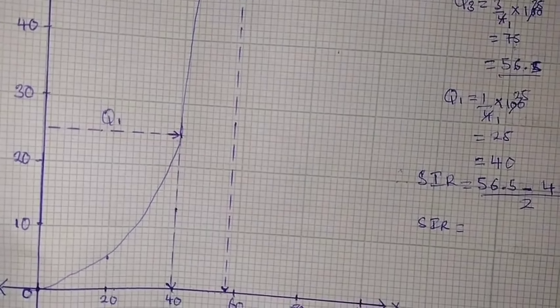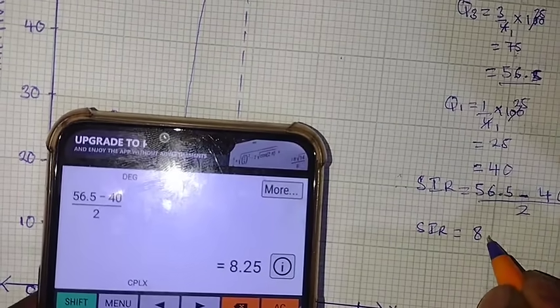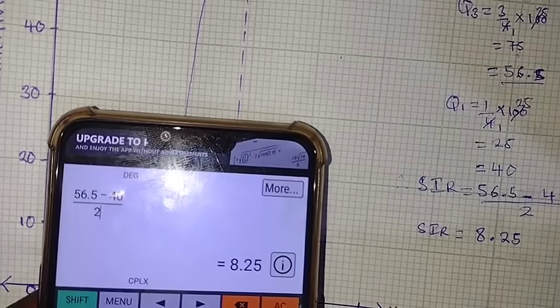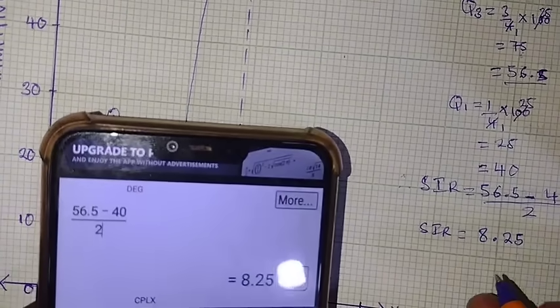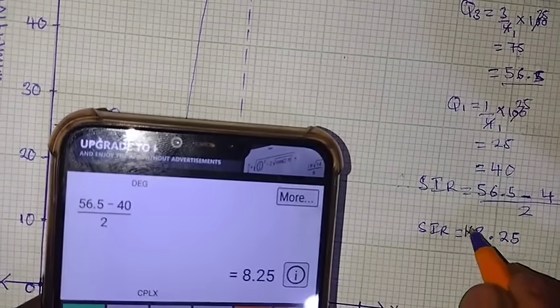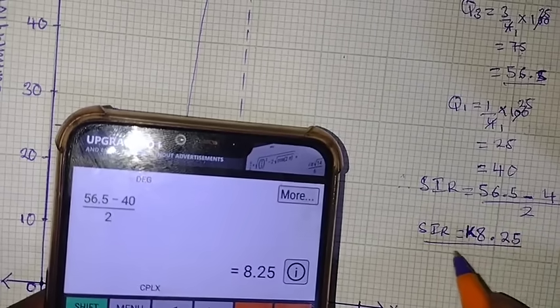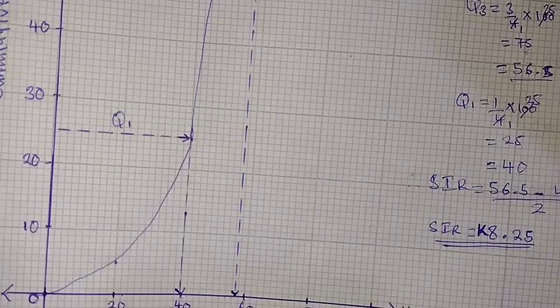It's just a matter of dividing here. Once we divide on the calculator, this is what we get: 8.25. 8.25 kwacha, because this is the amount. So this is our semi-interquartile range.